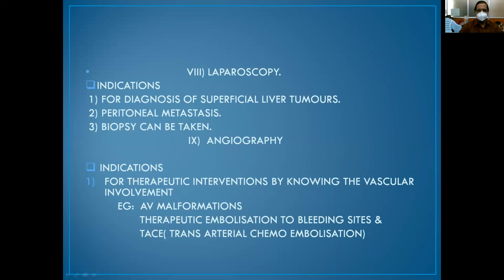Then only will you do an angiogram to know the vascular anatomy, so that you can do transarterial chemoembolization, or stop the bleeding sites by therapeutic embolization, and treat arteriovenous malformations.